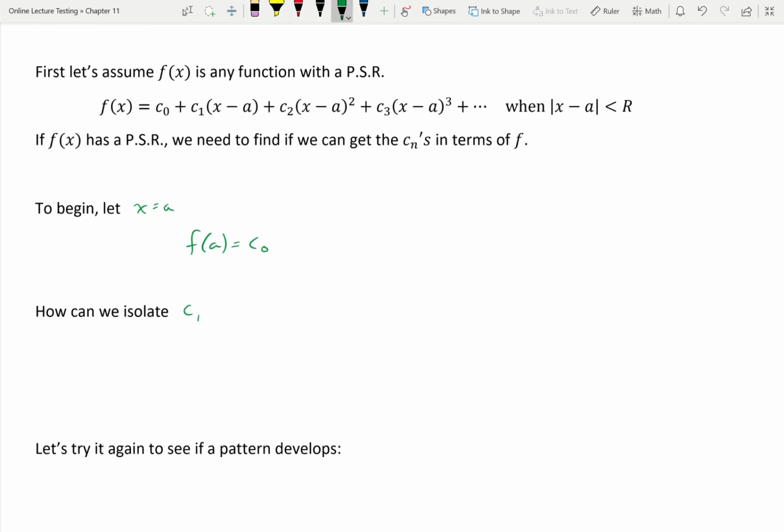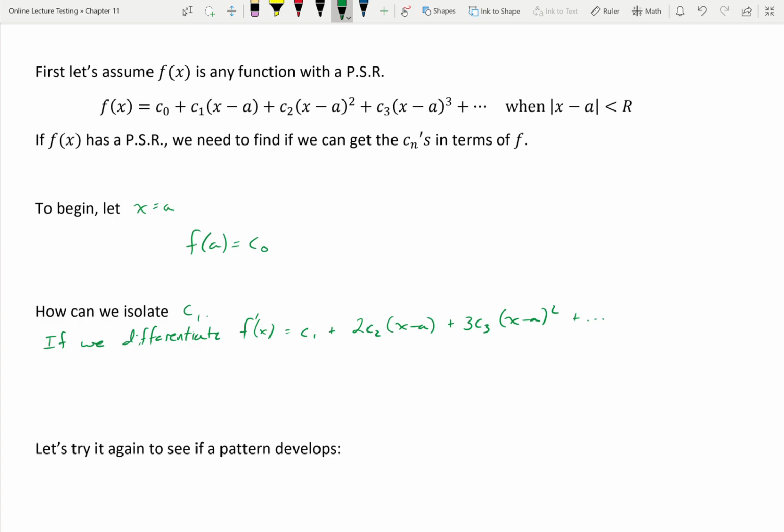How can we isolate all the other c sub n's? Let's start with c sub 1. How can we isolate this one? Well, if we differentiate f, we get f prime equal to c1 plus 2c2 times (x minus a) to the 2 minus 1 power, so that's just the first power, plus 3 times c3 times (x minus a) squared, and so on.